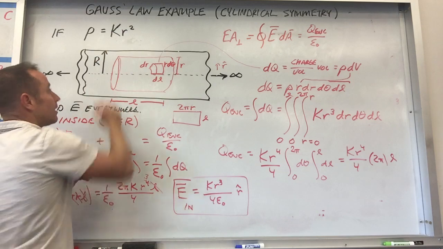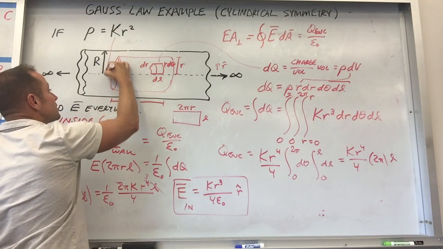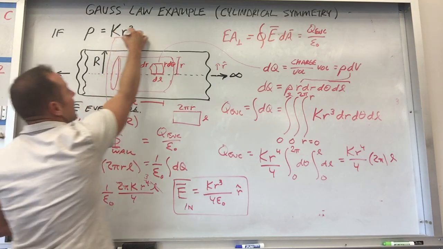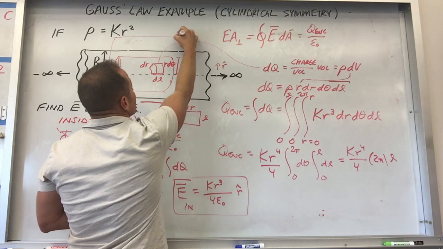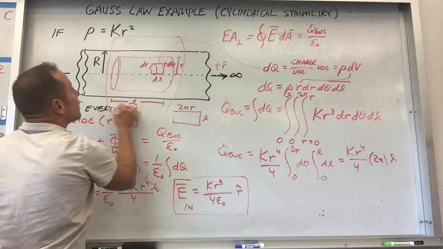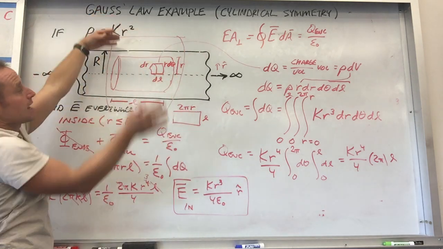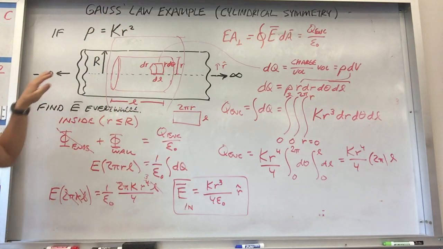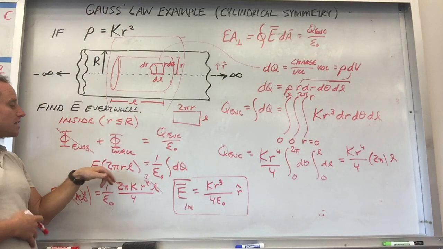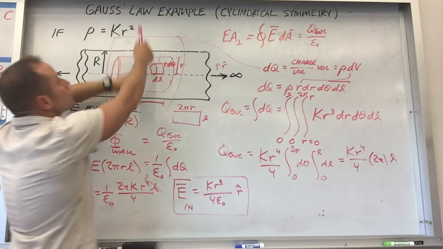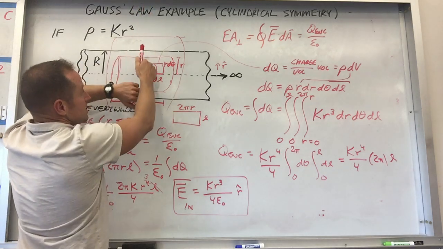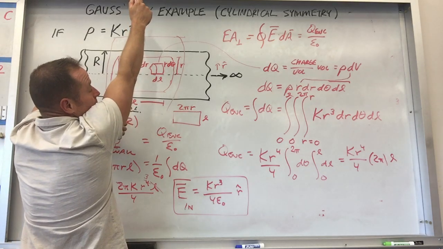So here's your new Gaussian surface when you go get the field outside. It's way out here. You draw a cylinder that's out here. The left-hand side of Gauss's law stays the same. The flux through that Gaussian surface is just E times area perpendicular to the field.